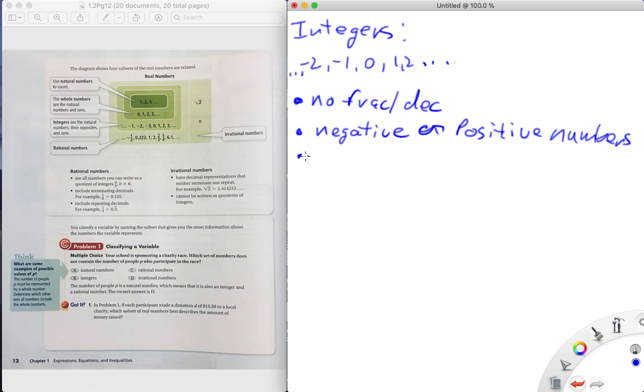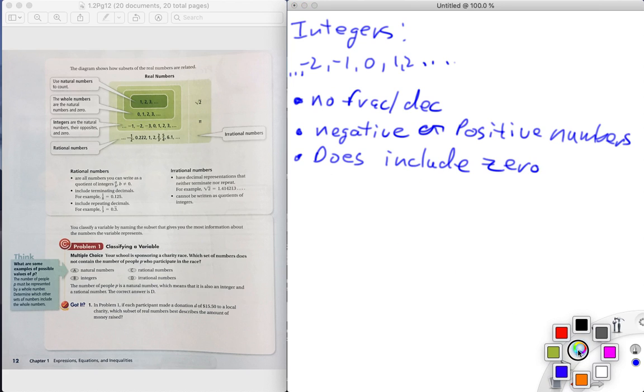And the last condition is that it does include 0. Okay? Those are integers.